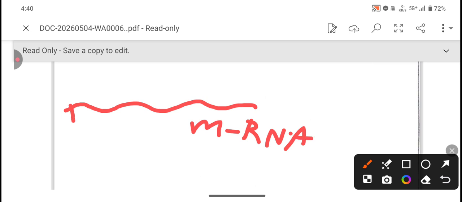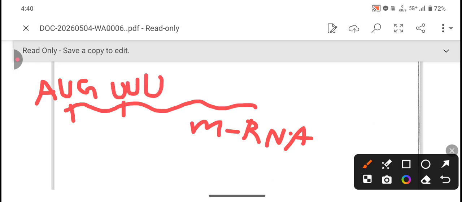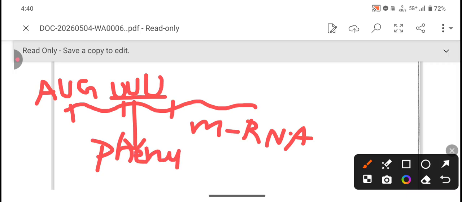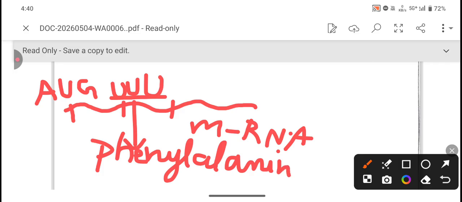So this mRNA consists of codons AUG, UUU, and other kinds of codons which code for a specific protein. For example, UUU codes for the amino acid phenylalanine. This kind of amino acid along with phenylalanine will form a protein molecule.